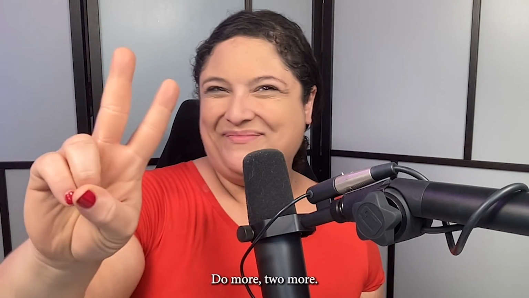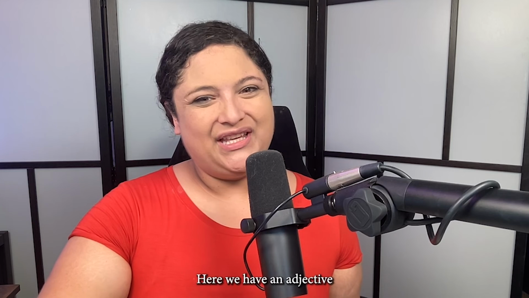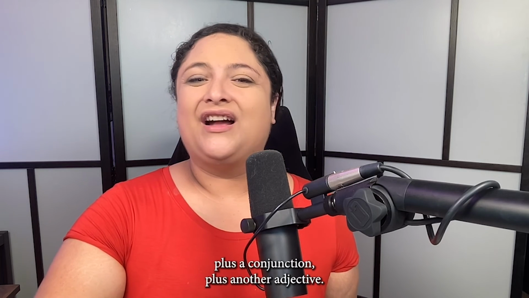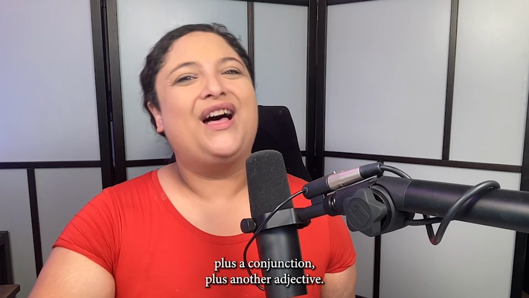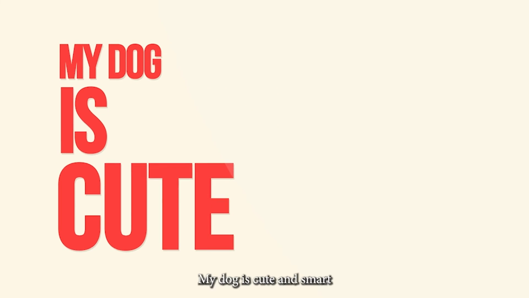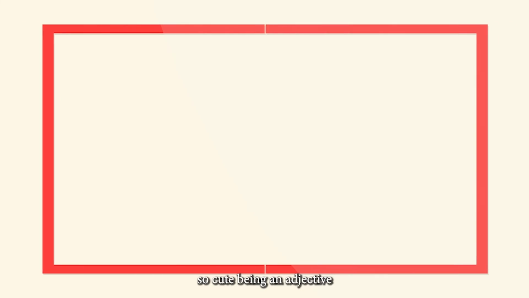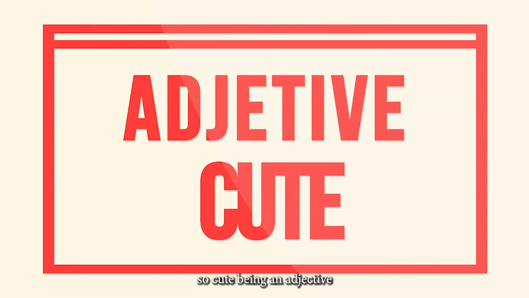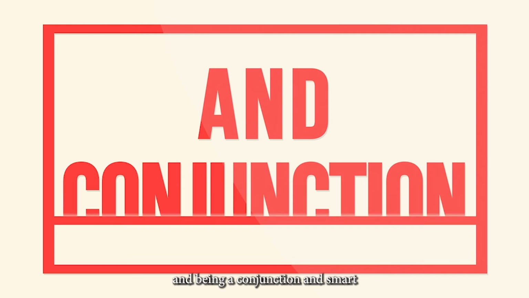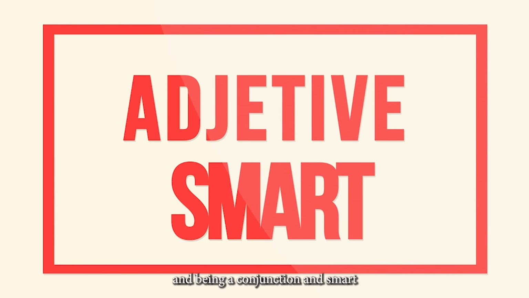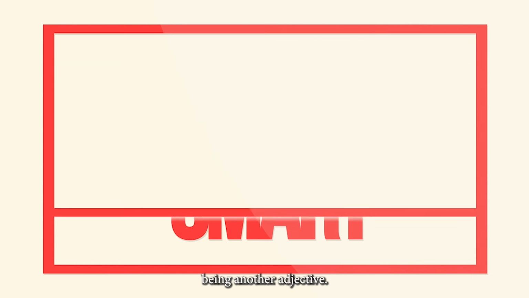Two more. Here we have an adjective plus a conjunction plus another adjective. My dog is cute and smart. So cute being an adjective, and being a conjunction, and smart being another adjective.